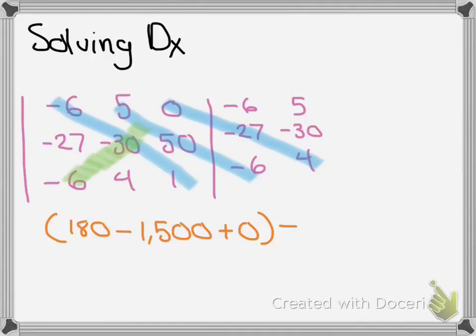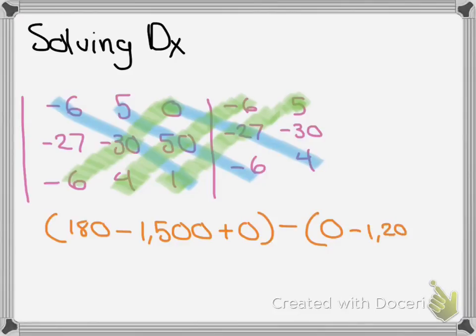Highlighted in green are the minors that we have to find. So negative 6 times negative 30 times 0 is 0. 4 times 50 times negative 6 is negative 1,200. And 1 times negative 27 times 5 is negative 135.